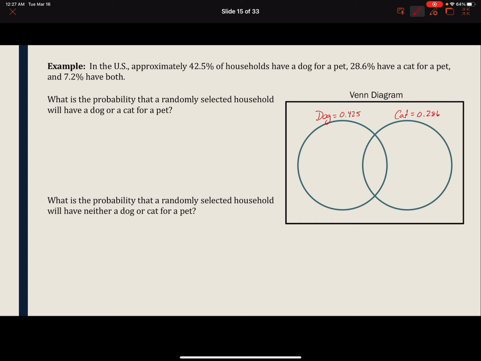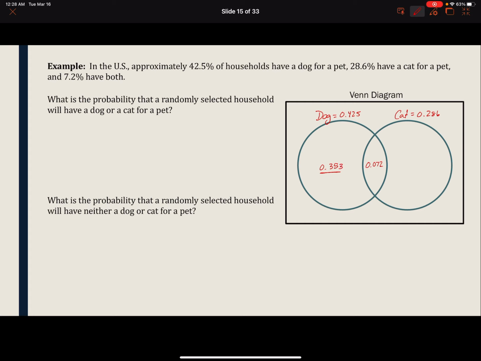And the intersection between the two is 0.072, which means that the probability of households that only have a dog will be 0.425 minus 0.072, and this is 0.353.